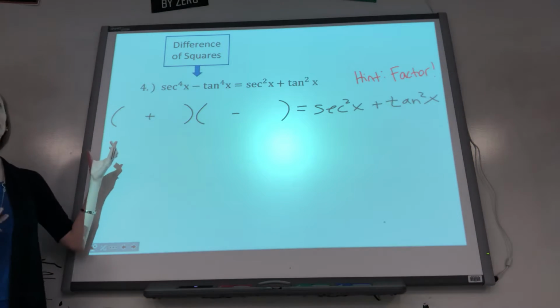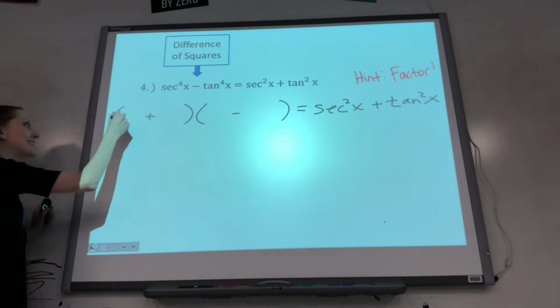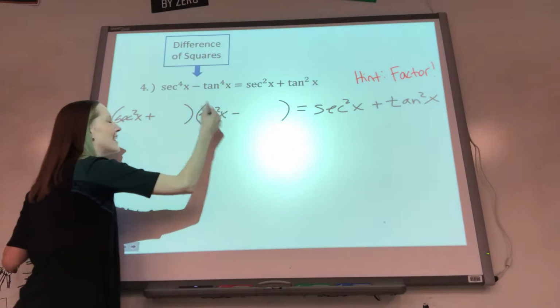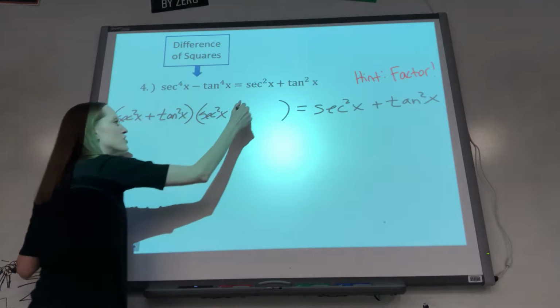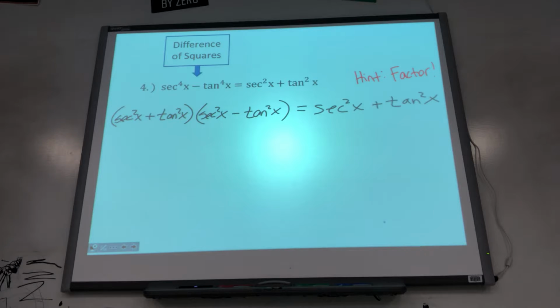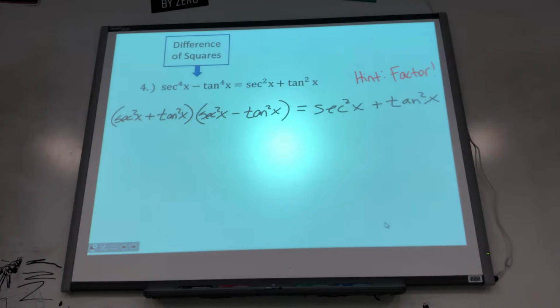Now, what do you square to get secant to the 4th? Secant squared, very nice. And then, same with the tangent. We square tangent squared to get tangent to the 4th. So again, one of those has a plus and one of those has a minus.